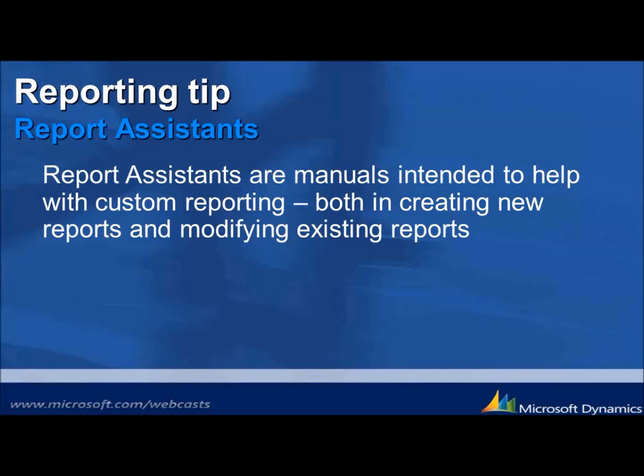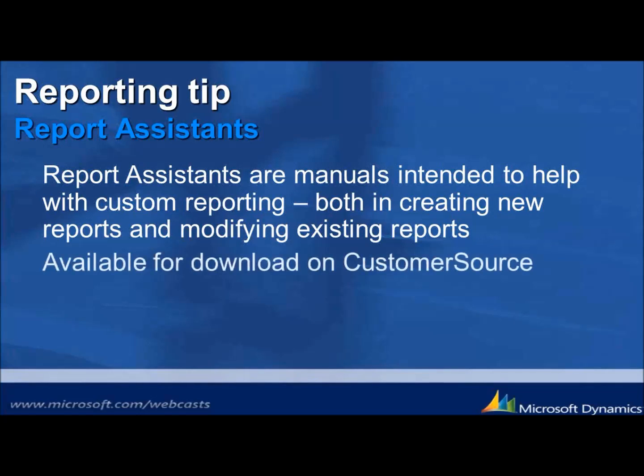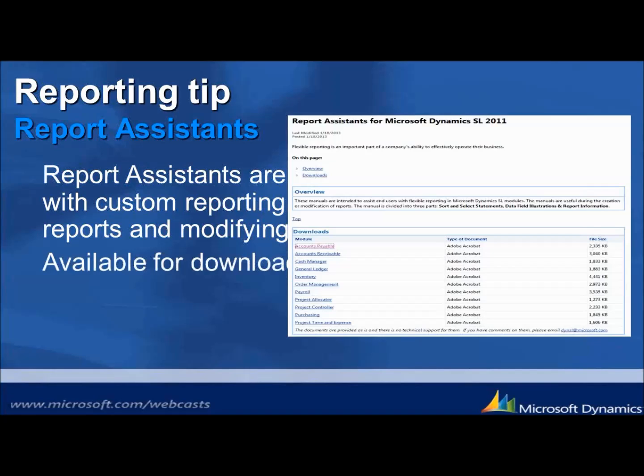Okay, and then another general tip, we're going to go through a couple of these kind of 30,000 feet tips, and that's the report assistants. They're out there, and they're used by customers and partners that need to create new reports or even modify the existing reports. And you can download them on Customer Source or Partner Source.